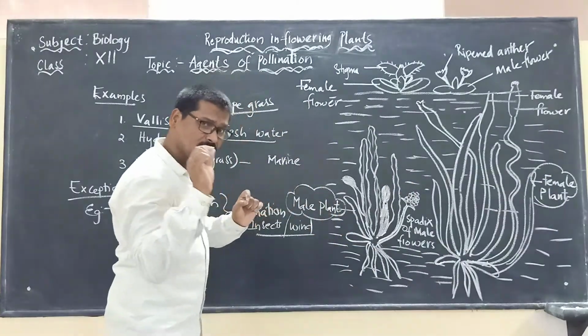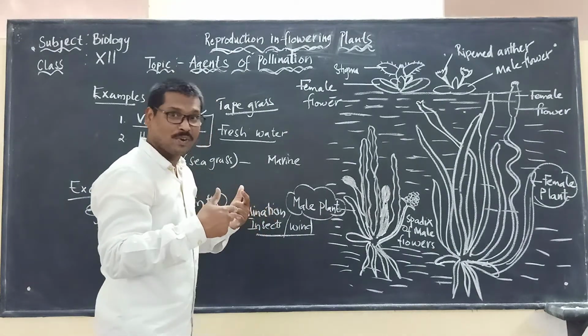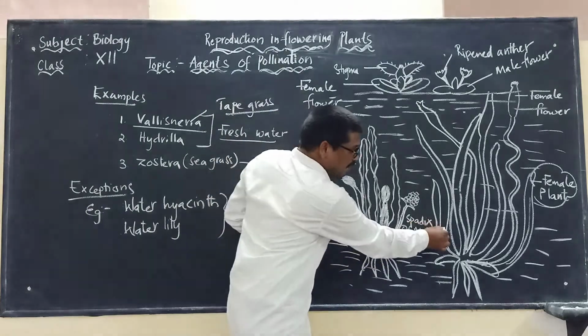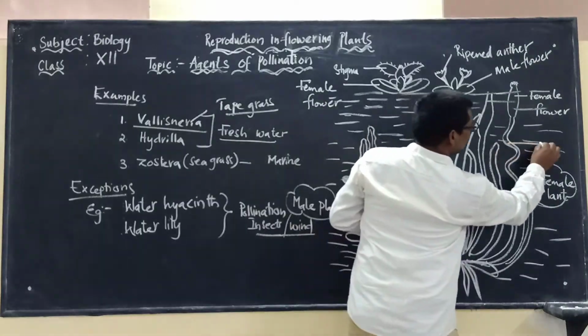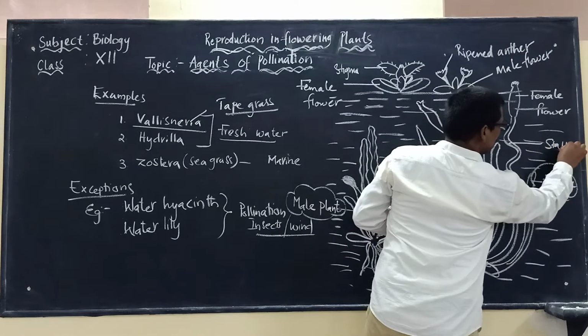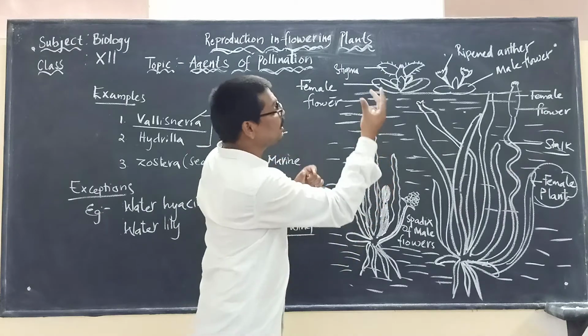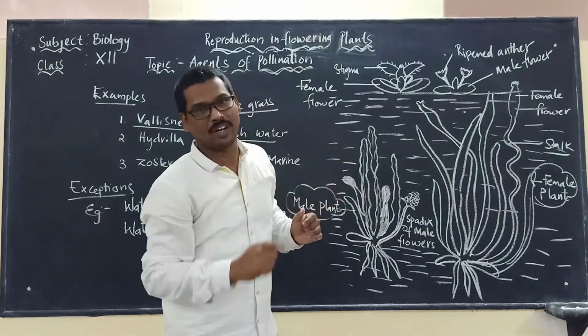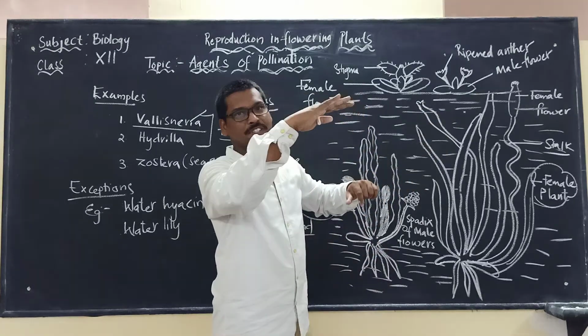Here, a very interesting thing is that when it has to undergo pollination, the female plant, with its long stalk bearing the flower, will come up onto the surface of the water.